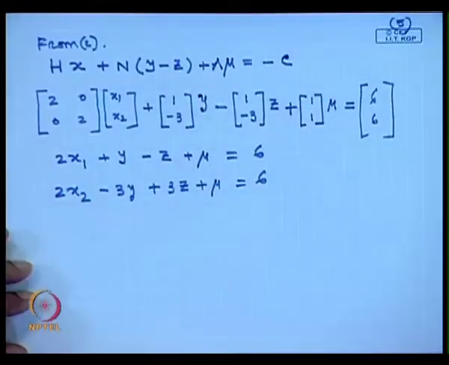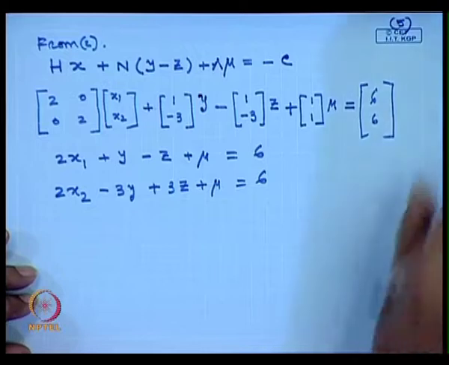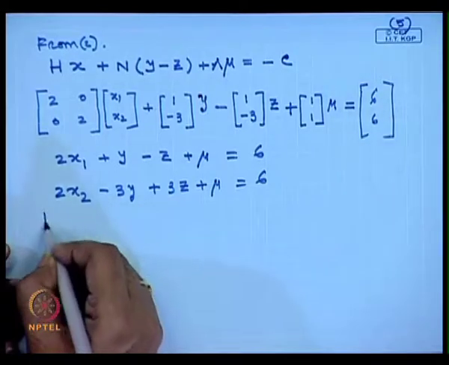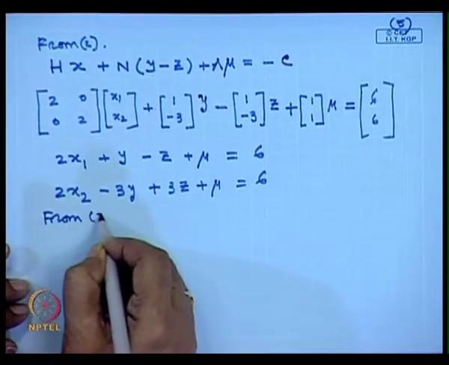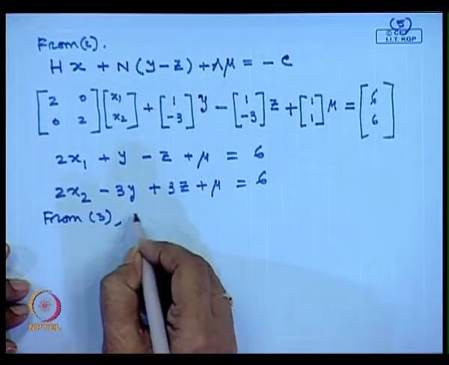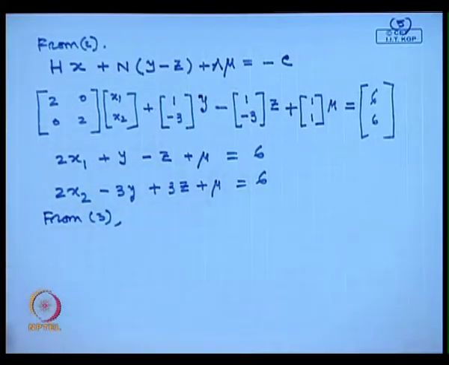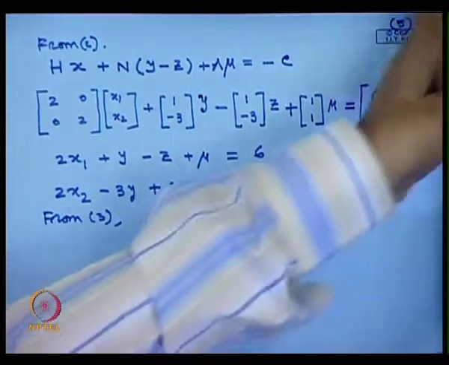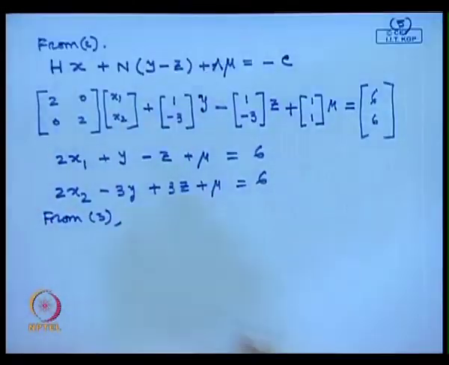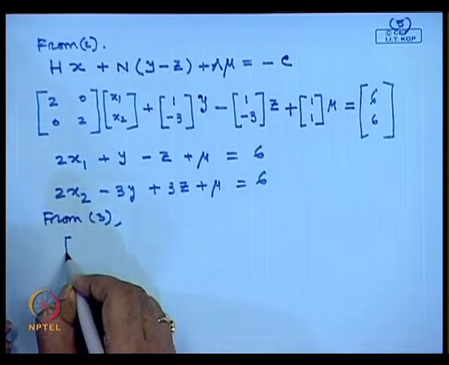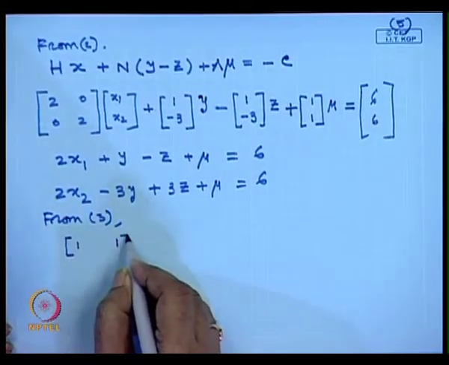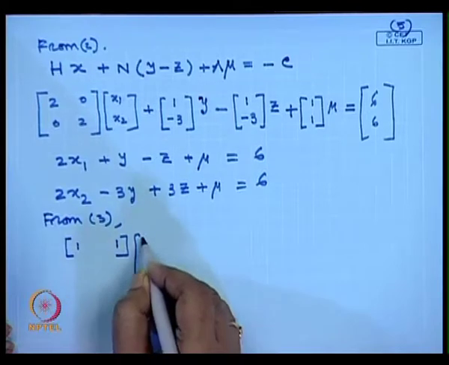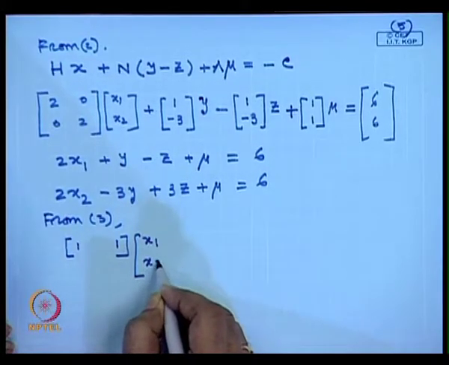From the third KKT equation, you can write A transpose x, with A transpose being 1 1, into x, where x has two components x 1 and x 2.